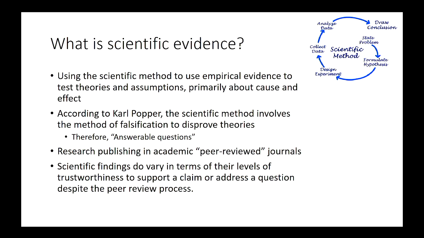So scientific studies go through that process, which is why they tend to be more rigorous, because my peers will be very critical of everything that I do. They will expect me to use the most appropriate methods to estimate causal relationships between variables.